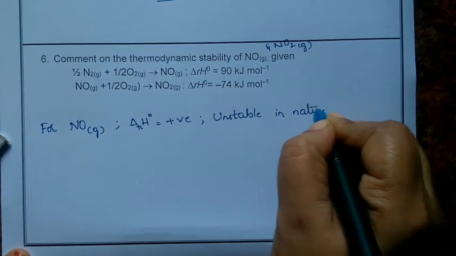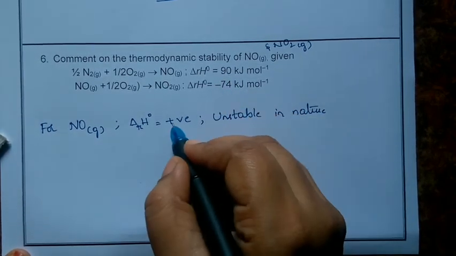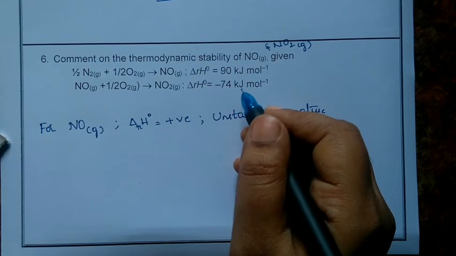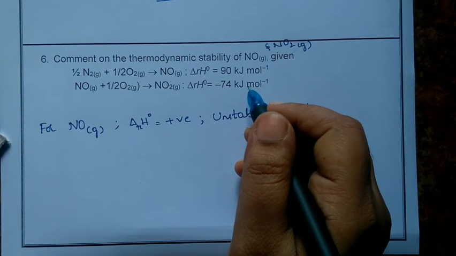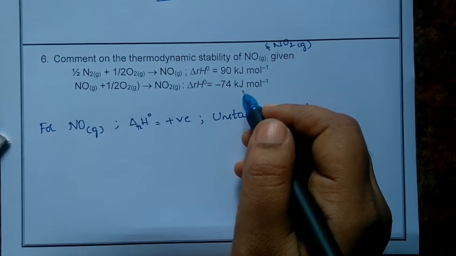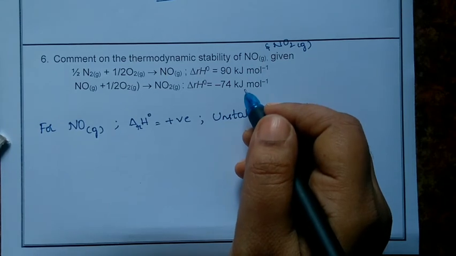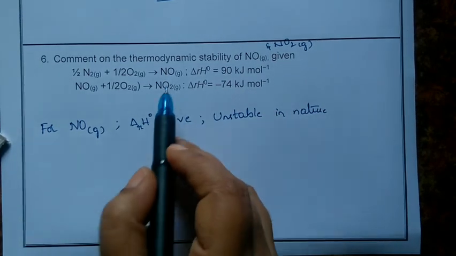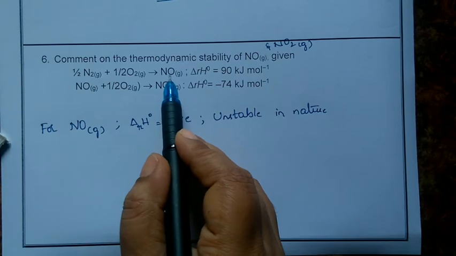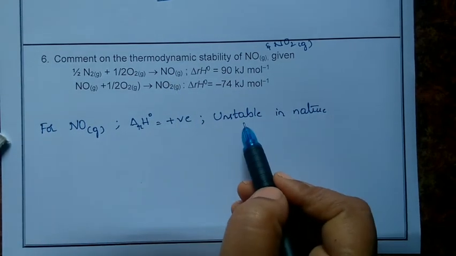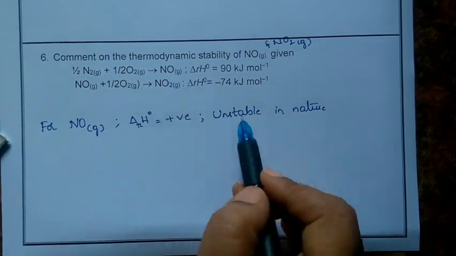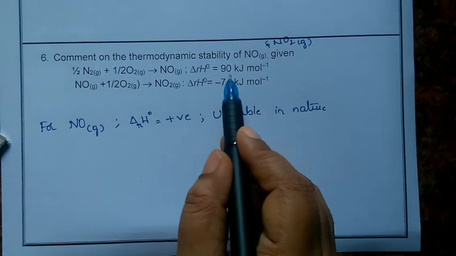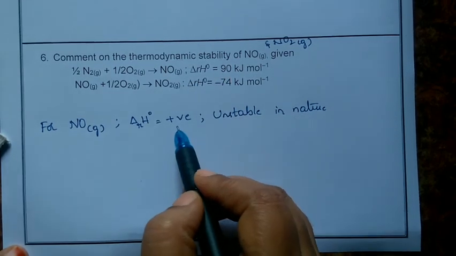Why is it unstable? Positive means it is gaining energy, taking the energy from the surroundings. Receiving energy increases the energy of the product. More the energy, less is the stability. So it is gaining energy, and that's why it is positive.